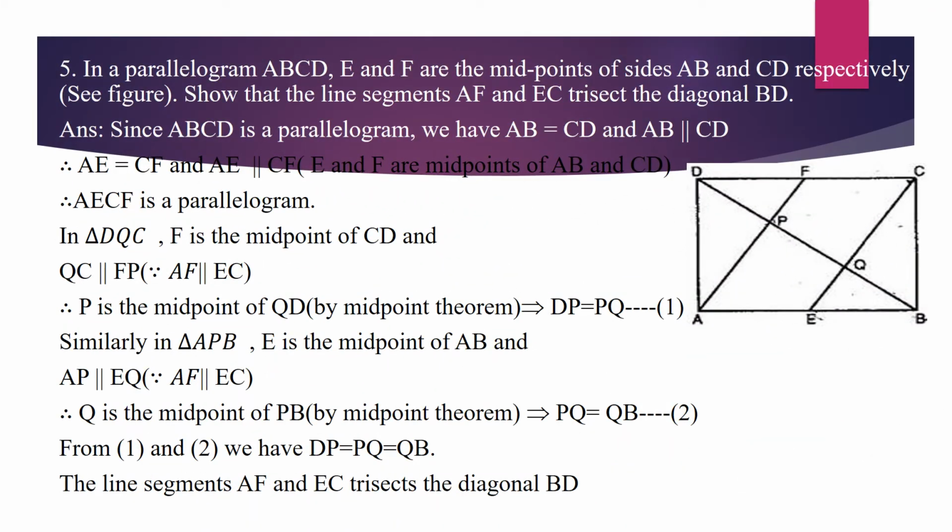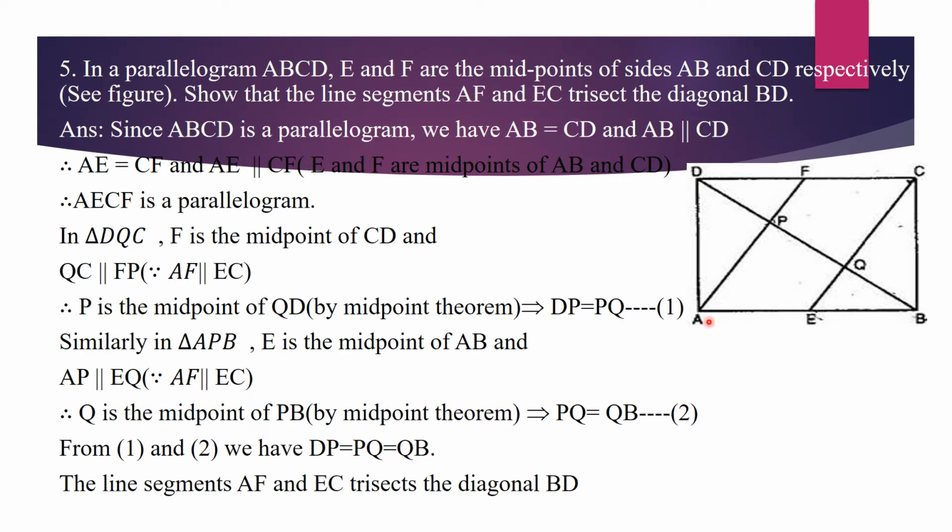In question number 5, in a parallelogram ABCD, E and F are the midpoints of sides AB and CD respectively. Show that the line segments AF and EC trisect the diagonal BD.